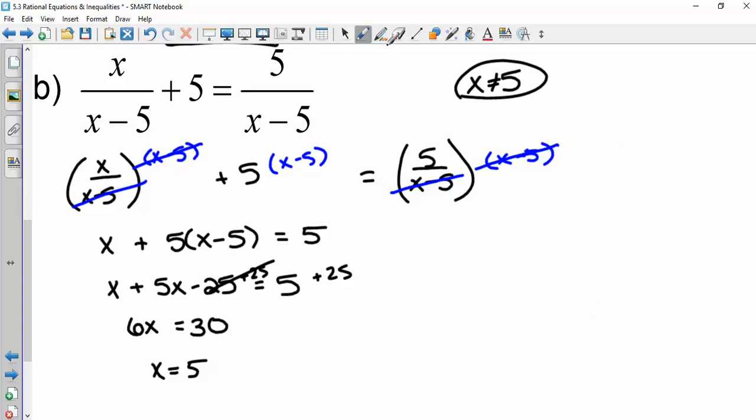We said x cannot be 5. So if you get 5 for an answer, but x can't be 5, what do you think our answer is? No solution. If you tried to plug that into the original to check, you would end up with 5 divided by 0, which is undefined, so it doesn't work.